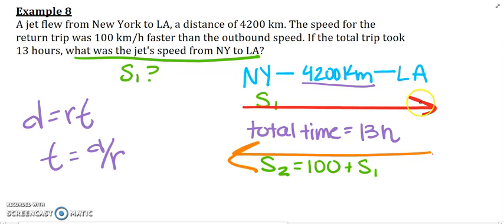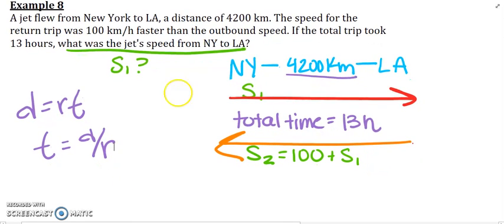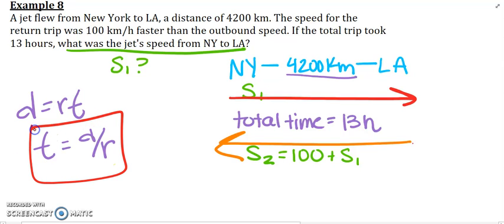And so my outbound, my initial, my S sub 1, the speed is, well, S sub 1. So we can call it S, that's fine. Its time is going to be distance over rate. Well, I know the distance was, they both travel the same distance, right? Same distance here, except my speed was different.